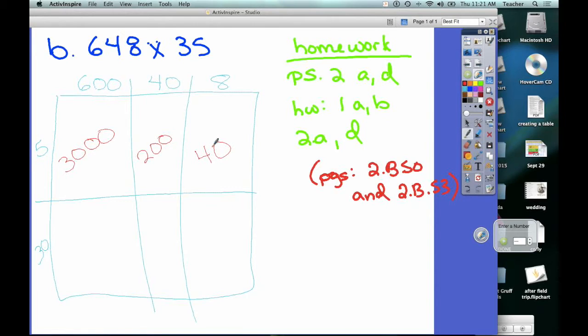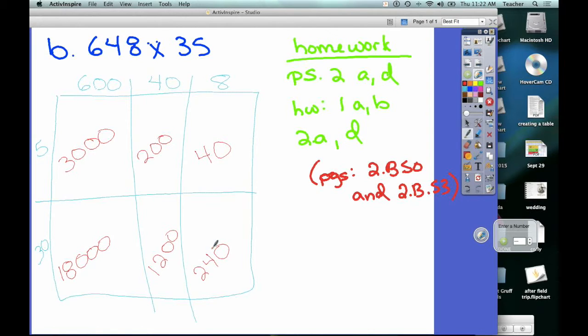Now I go to my next one, 30. 3 times 6 is, how many zeros am I going to add? 3 times 4 is, how many zeros do I add? 2. 8 times 3 is, how many zeros? So I can just add going straight down.